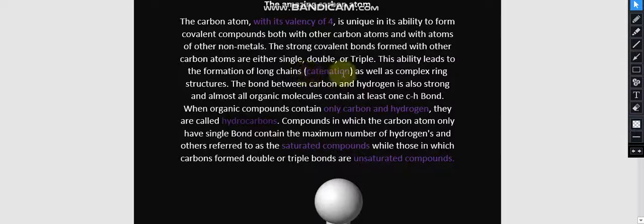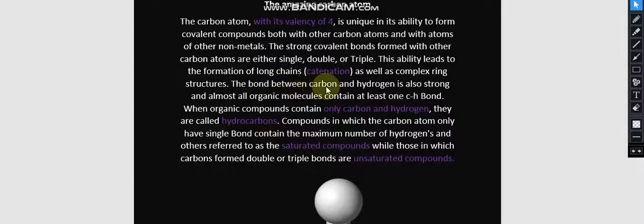That's a very important definition, and I recommend you look up what we mean by catenation. Having single, double, and triple bonds can give us long chains, and it can also give us ring structures.